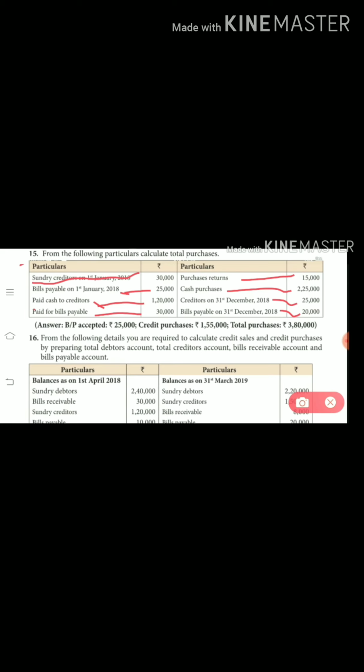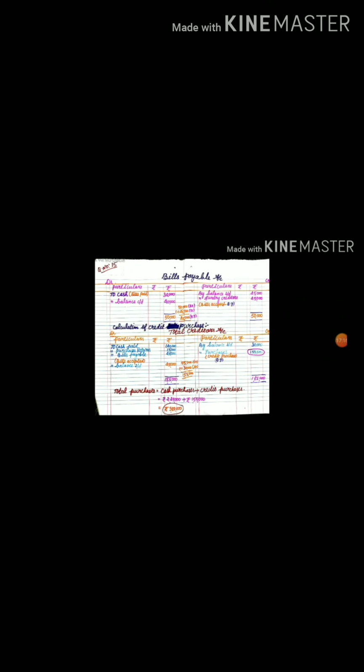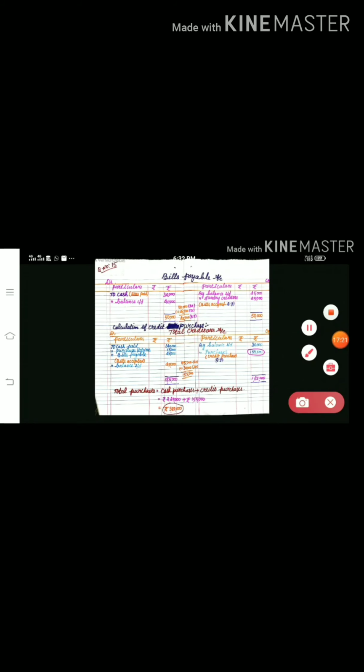Two accounts have to be opened in this problem. The first one is the bills payable account and the second one is the calculation of credit purchase account.